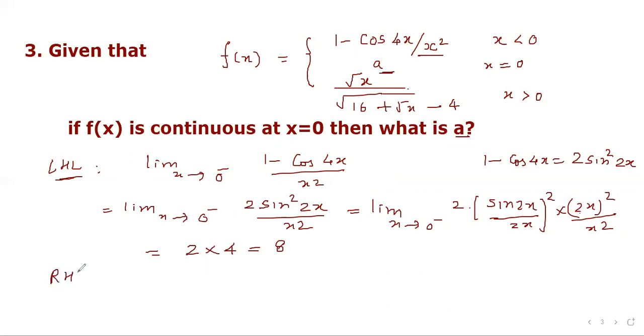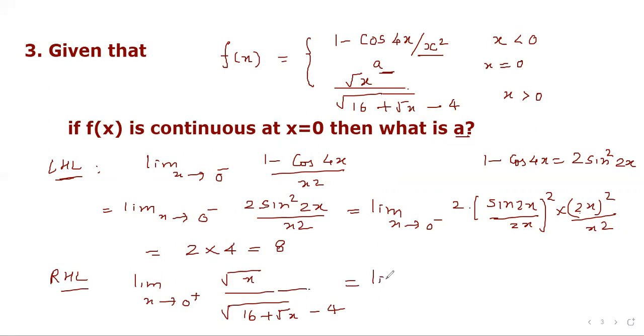So RHL. It is given limit x tends to 0 plus. Then we write the function root x divided by (root of 16 plus root x, minus 4). What we can do is rationalize the denominator.